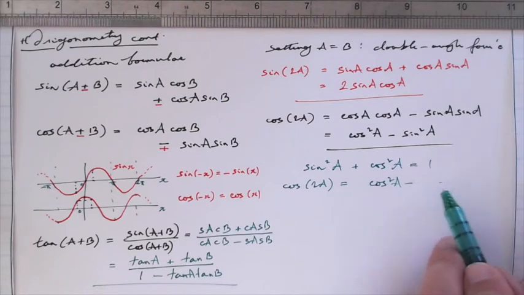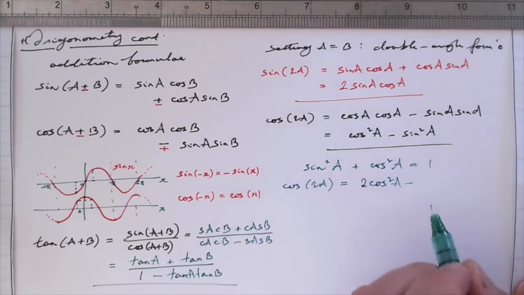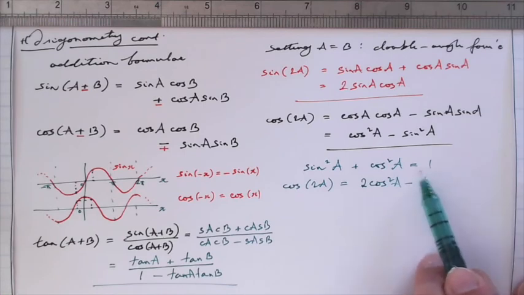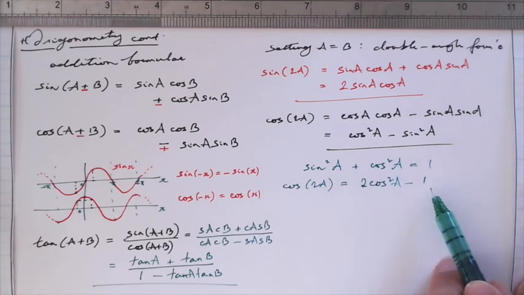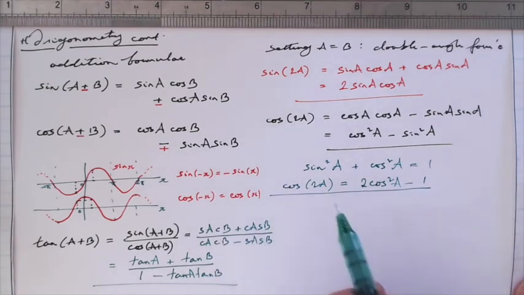So the minus becomes a plus. I have 2 lots of cosine squared and I have a minus 1. You'll be able to check that. If I write sine squared as 1 minus cos squared, then putting that into this formula, I would get 2 cos squared a, take away 1.